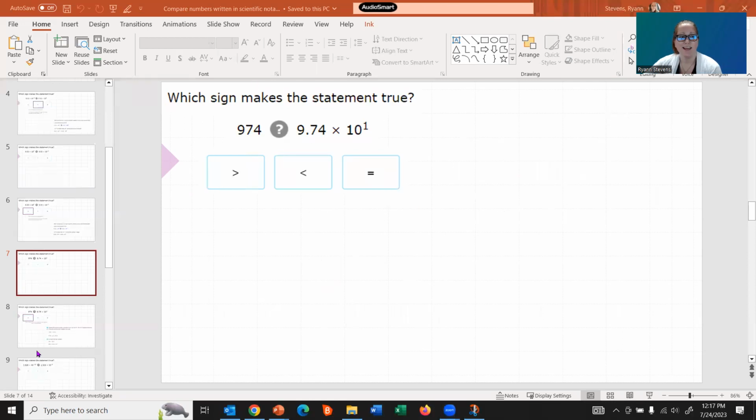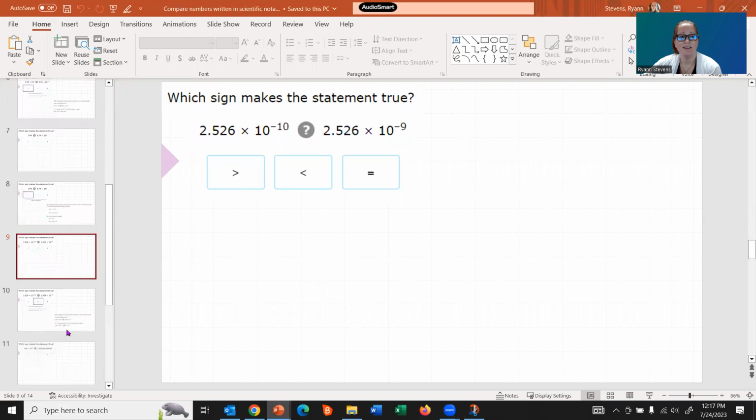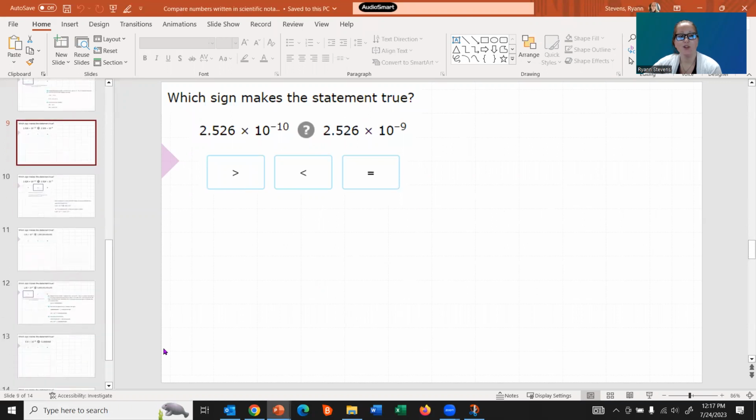All right, let's look at another example here. So we've got this question, 2.526 times 10 to the negative 10th power, and then we have 2.526 times 10 to the negative 9th power. So when we're looking at this, we can see that they're both written in scientific notation.